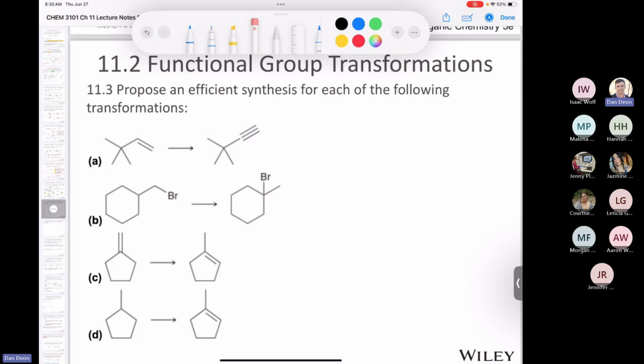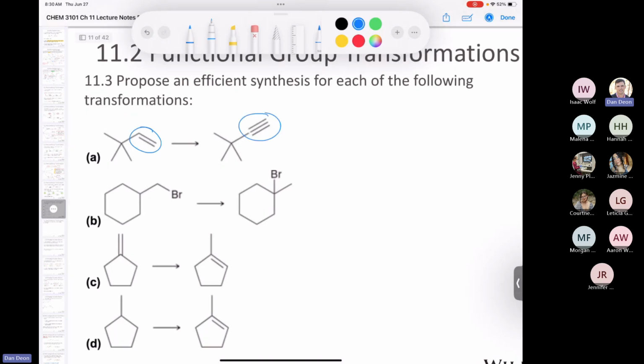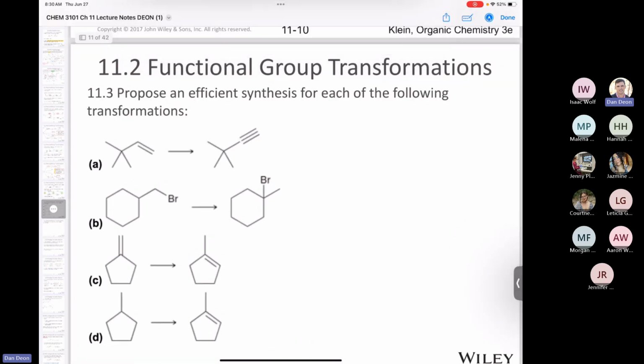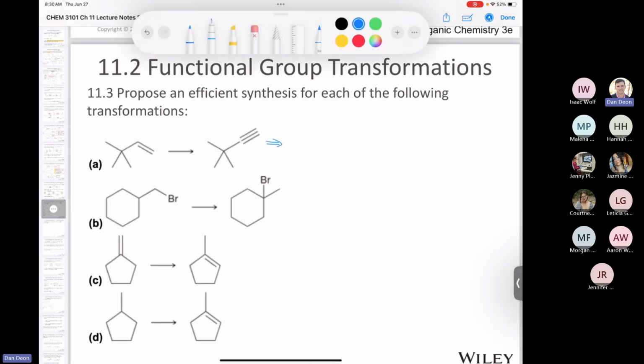So I won't spend a ton of time on these, but if we want to go from a double bond to a triple bond, just going from a double to a triple, well, we know that the only way we have to make a triple bond, since there's no change in the carbon skeleton here, I have 6 carbons and 6 carbons, means I have to have this compound, this geminal dihalide, like that, right? Then I do a double elimination with excess sodium amide followed by treatment with water, and there you go. You've got your alkyne.